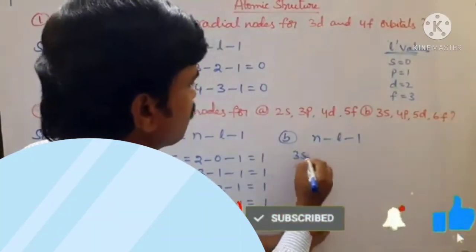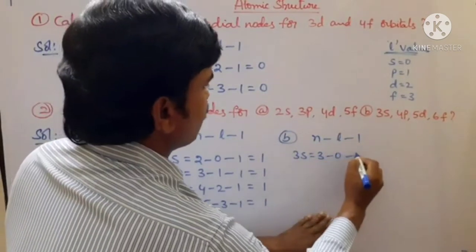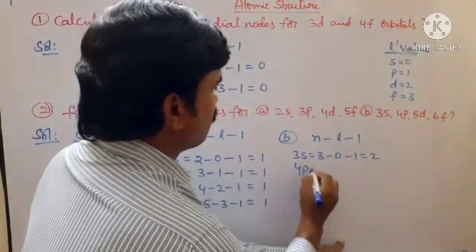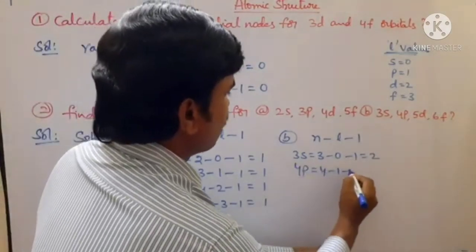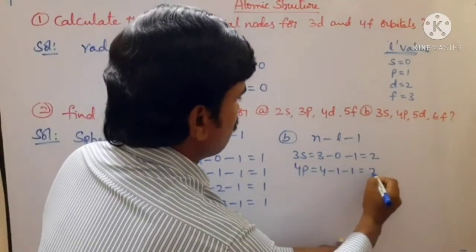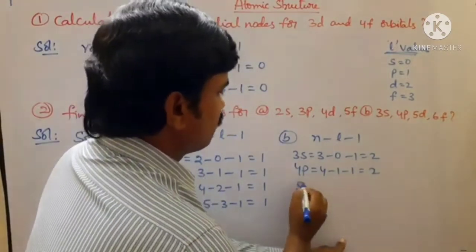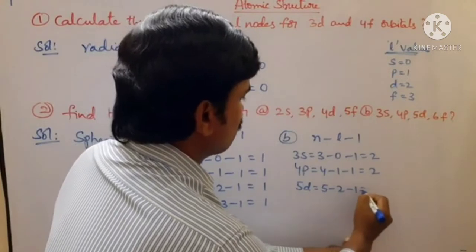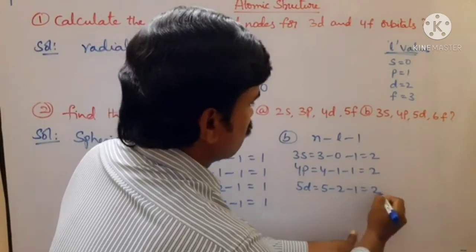In case of B, for calculating spherical nodes, n minus l minus 1. For 3s orbital, 3 minus 0 minus 1, 2 spherical nodes. In case of 4p orbital, 4 minus 1 minus 1, 2 it is. In case of 5d orbital, 5 minus 2 minus 1, 2.